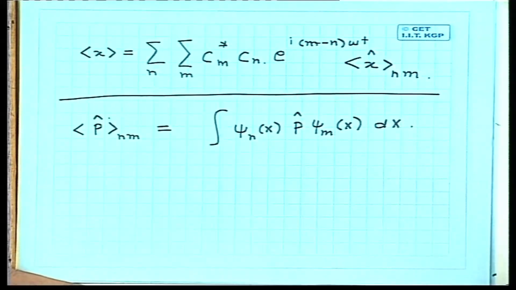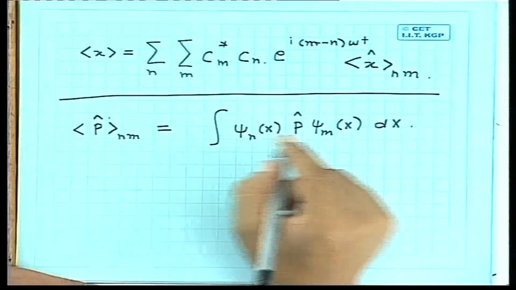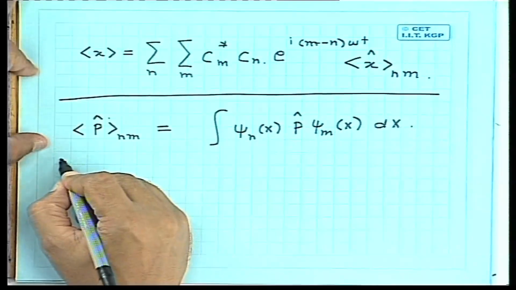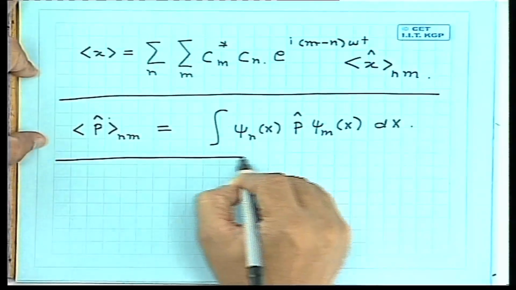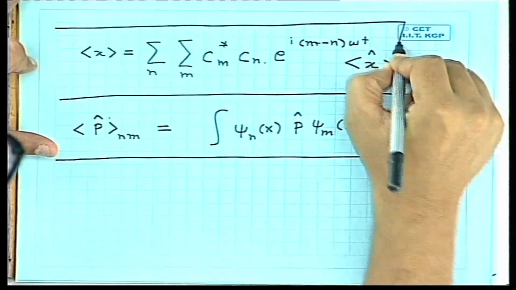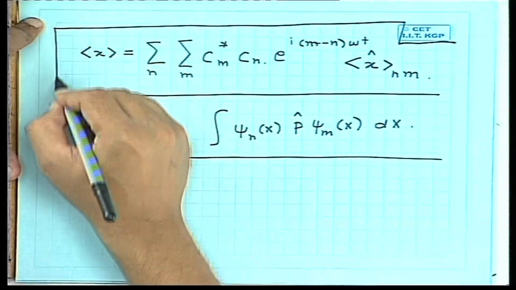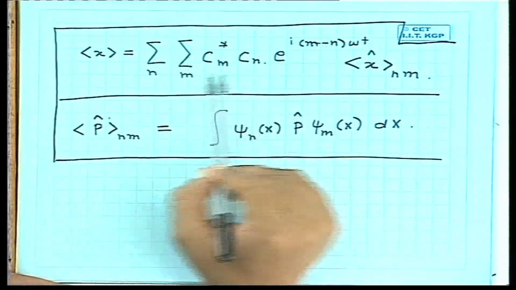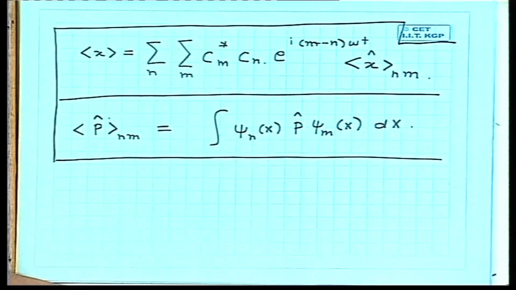This will be an infinite dimensional matrix, because n and m can take all values from 0 to infinity. The expectation value of any physical quantity, the position, the momentum, or functions of these, can be expressed in terms of these matrix elements and a sum over these time dependent parts.